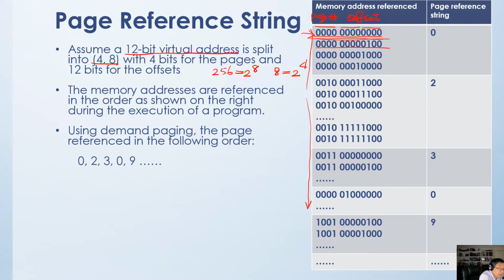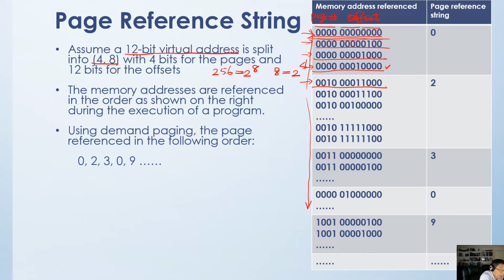And then the next instruction we are executing is located in this memory address, which is 8. And that's the next logical address. After you execute this, the next instruction we're going to execute is located in this logical address.